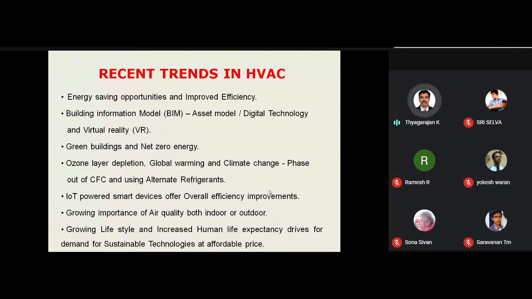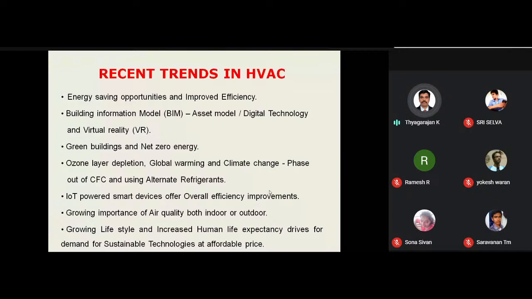Ozone layer depletion, as we would have studied in physics in our school days, and global warming and climate change. Refrigerant is one of the culprits, it causes ozone layer depletion. CFC is already phased out, the R12 is already phased out, and there are alternate refrigerants available.